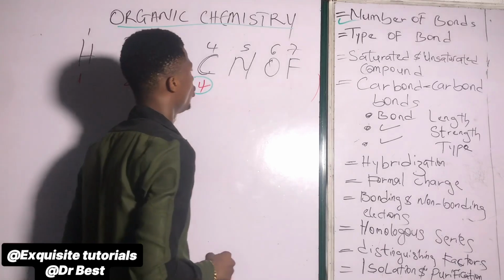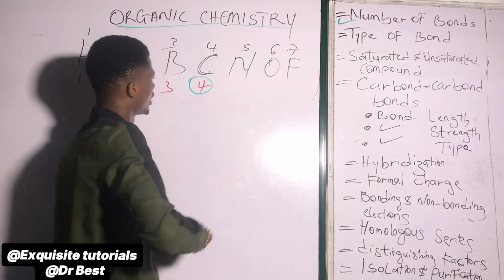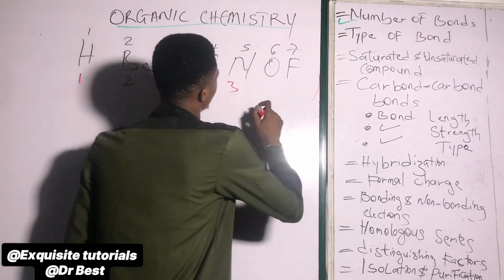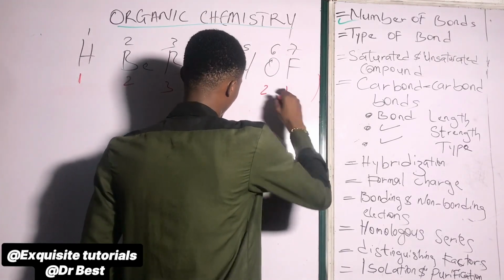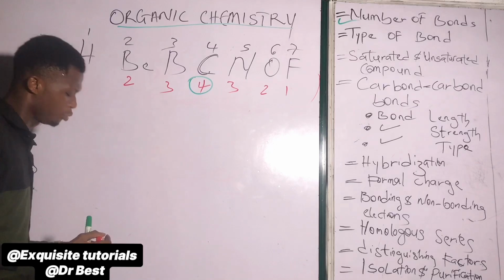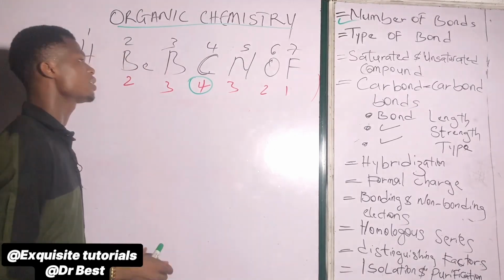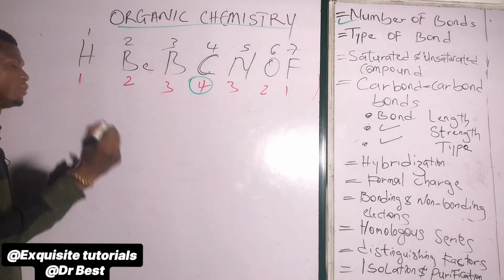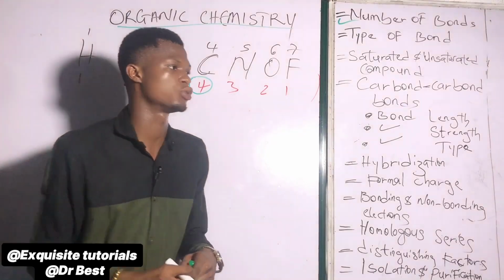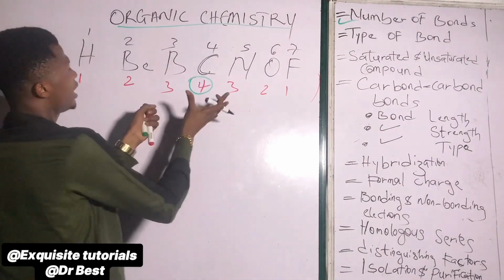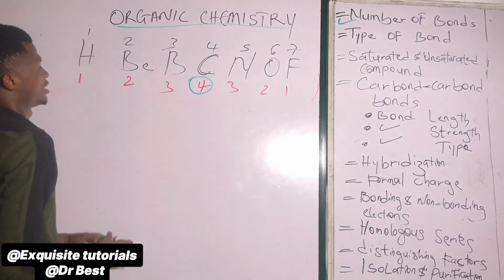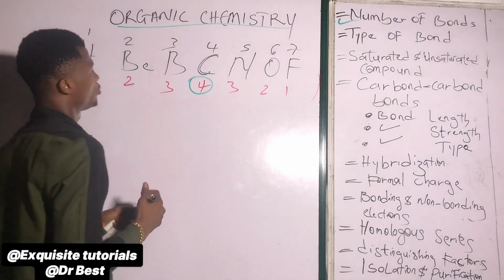Carbon accepts 4 bonds, nitrogen accepts 3 bonds, oxygen accepts 2, while fluorine accepts 1. Why are we looking at this? Let's say you are given a compound and asked to bring out the structure of the compound, or to name it. An idea of the number of bonds that a particular element forms is going to help you do this.